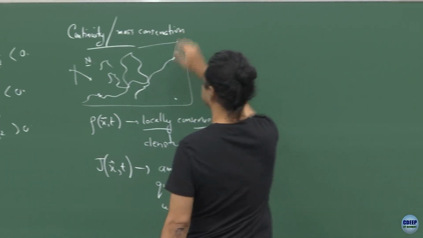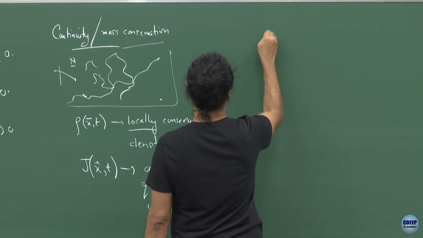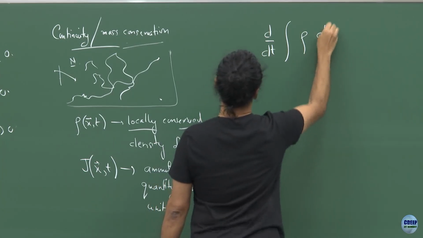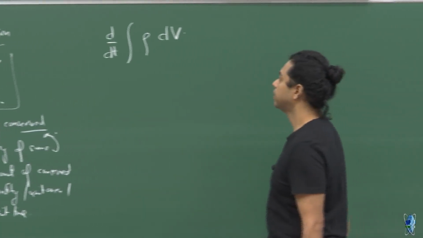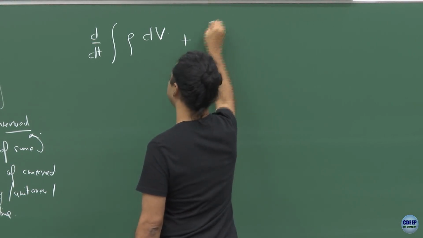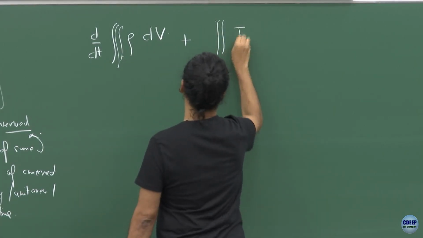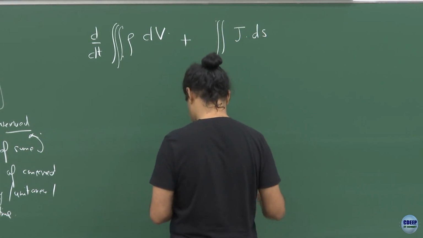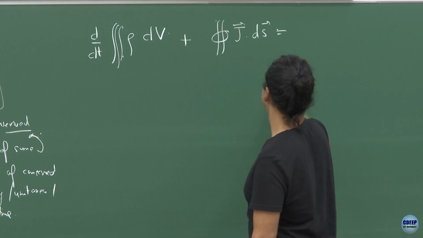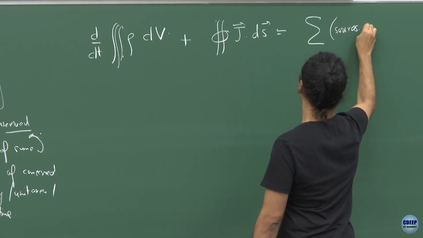And then this conservation equation you can write mathematically as something like this. It is d/dt of the integral of rho dV, a volume integral, plus a surface integral of J dot dS, and this is equal to the sum of sources or sinks.